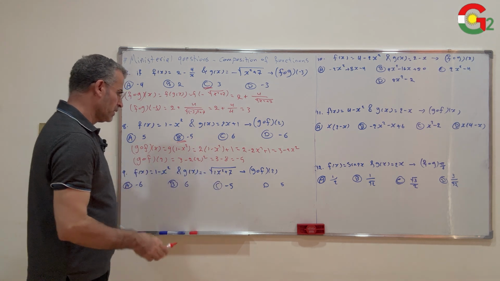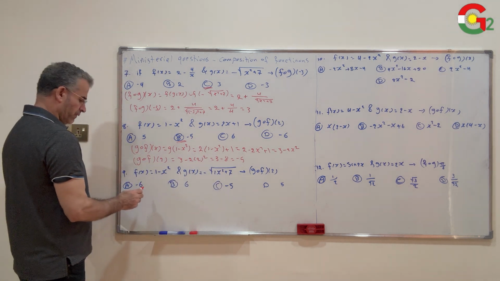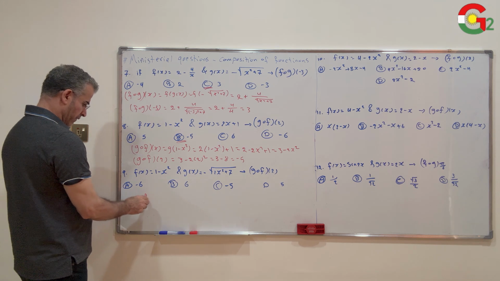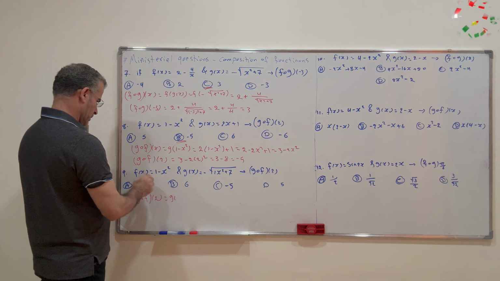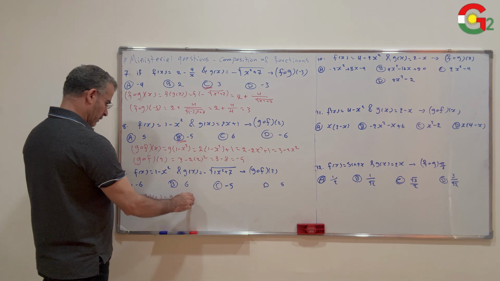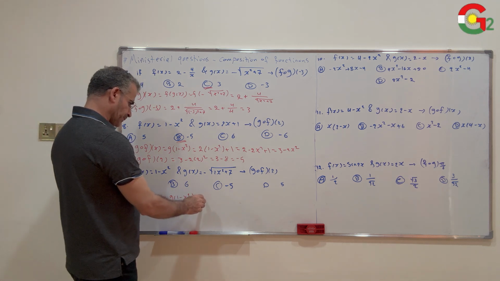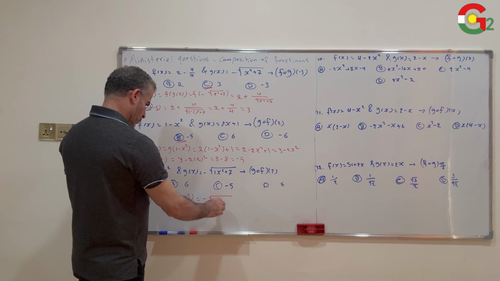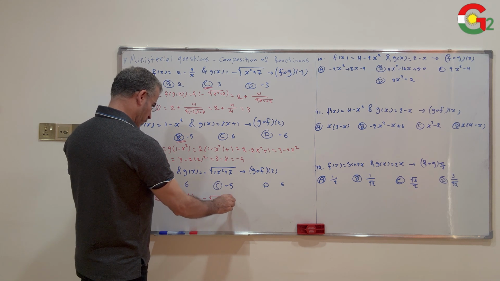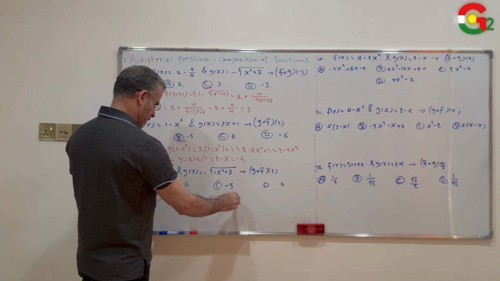squared plus 7. Find g of f of 2. g of f of x equals g of 1 minus x squared, which equals negative square root of 2 times (1 minus x squared) plus 7.